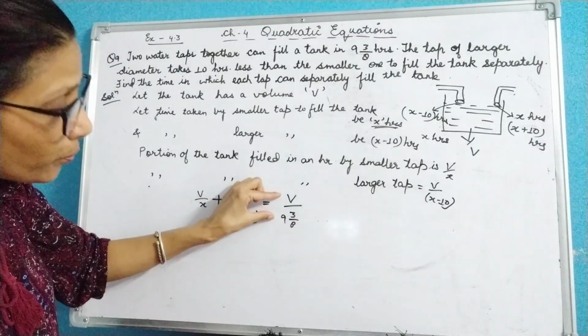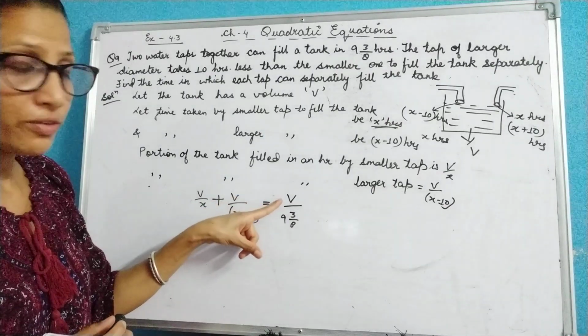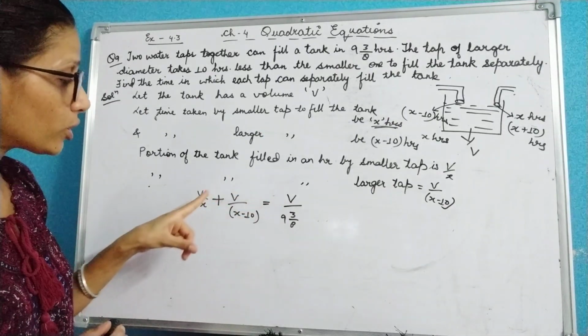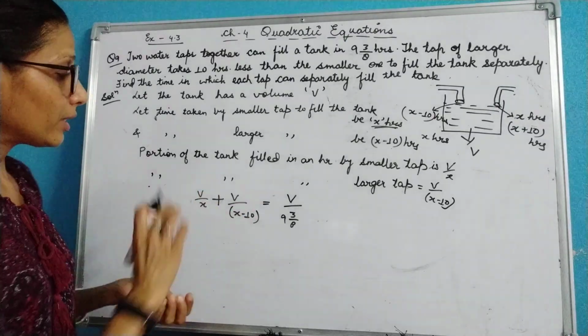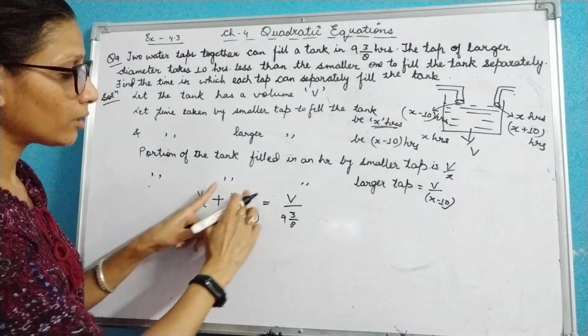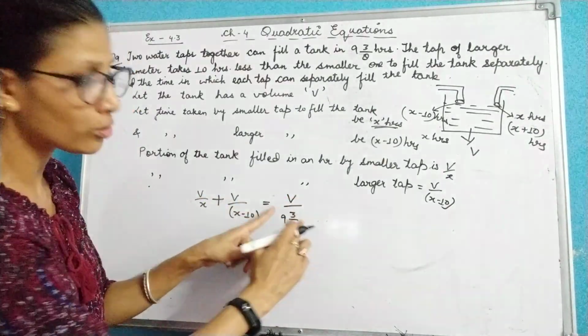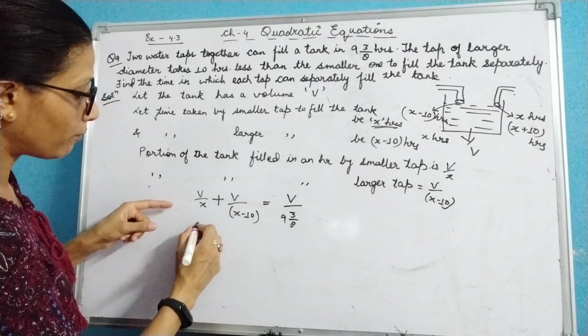So this is the portion of tank V, of volume V, which is filled by both the taps in an hour. This is the thing which I have taken, the portion filled in 1 hour, and this is also the portion of the tank filled in 1 hour. So this is the final equation.